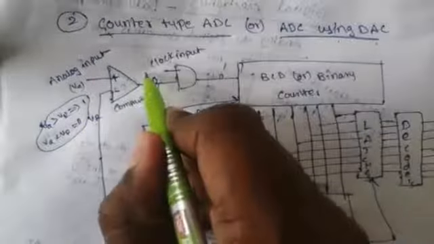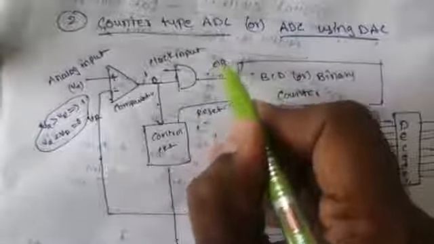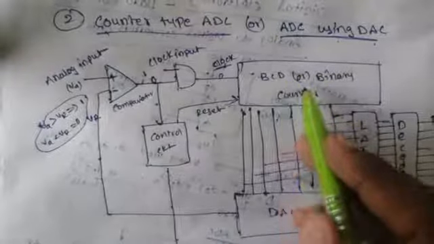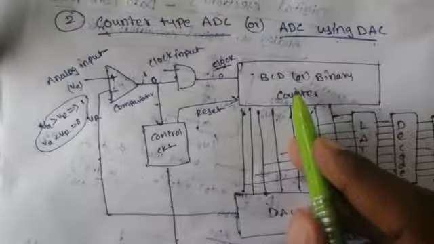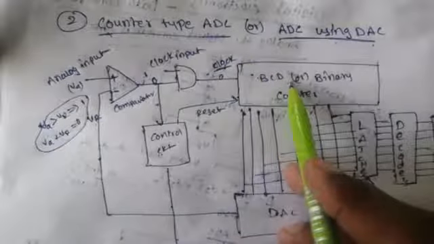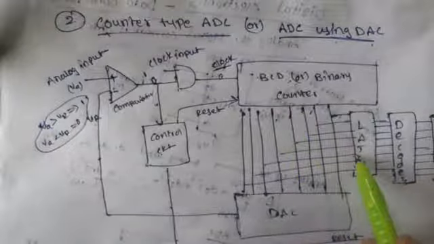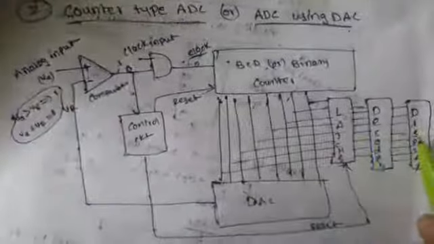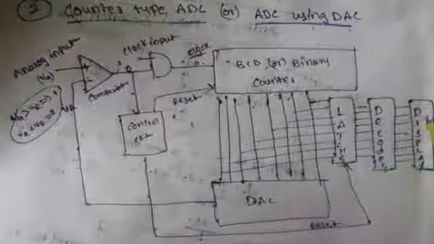If the comparator output is 1, the clock signal will be applied to the binary counter and it starts counting, meaning the counter is incremented by one step when each clock pulse is received. As in the previous case, this binary counted value will be latched, meaning stored, and using decoders or driver circuits we connect it to the display unit, which counts and displays how many clock pulses arrived.